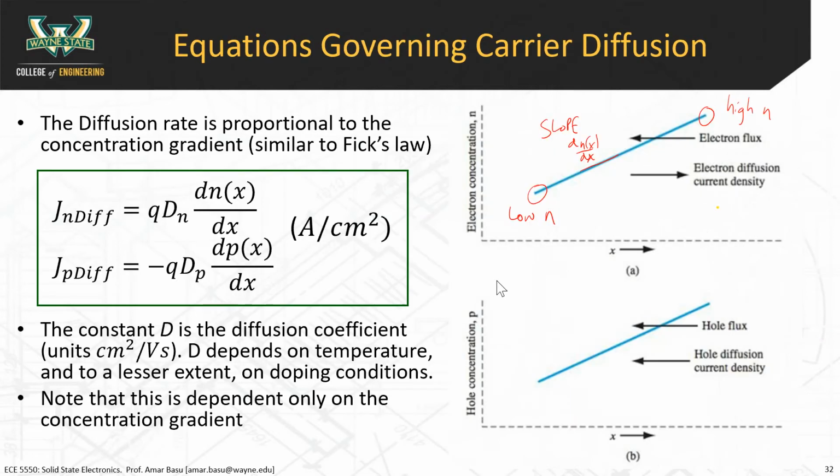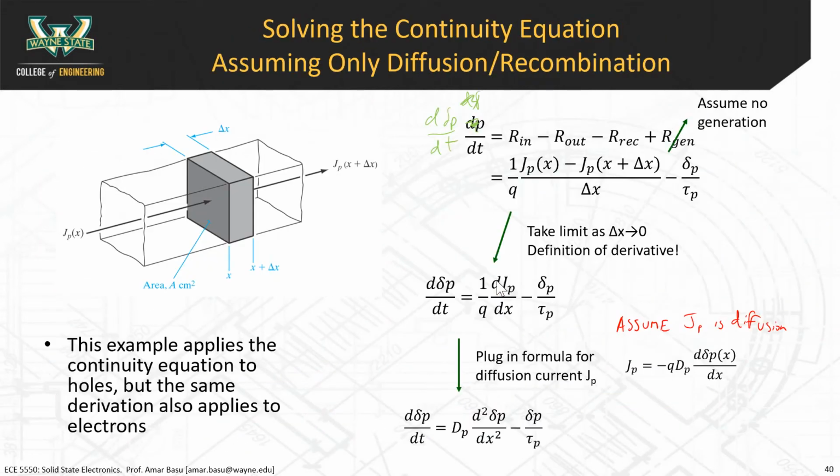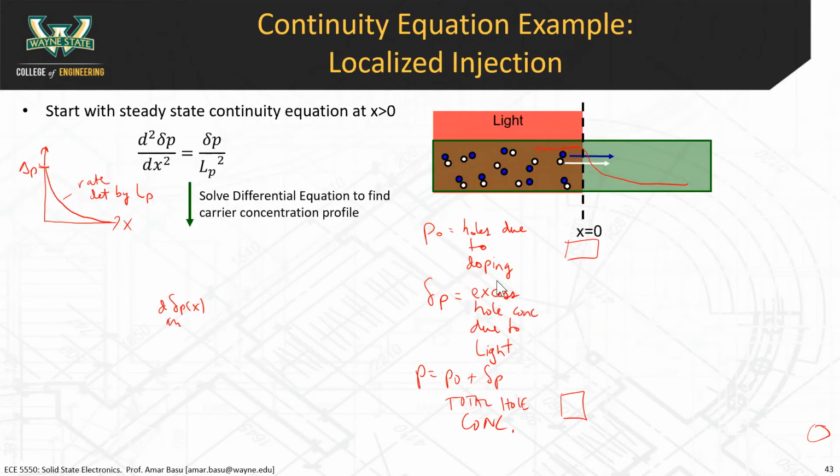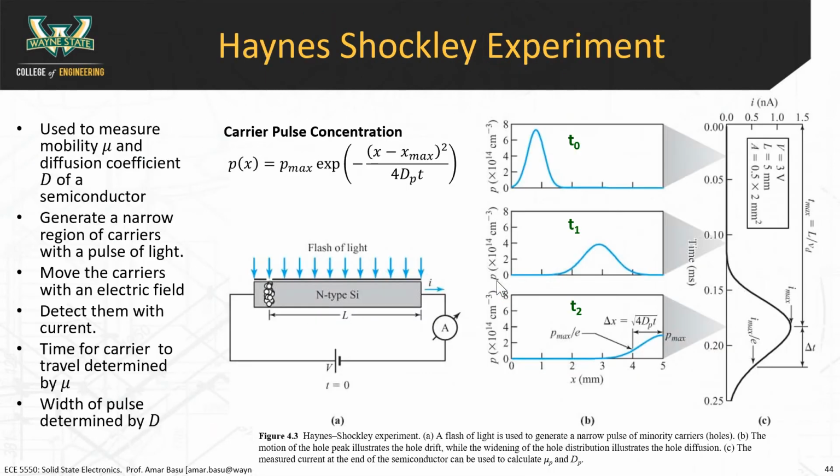The Haynes-Shockley experiment is where we do a similar experiment, except this time we put a voltage across it, so that pulse of carriers moves and spreads out at the same time. That's why the pulse looks like this initially.